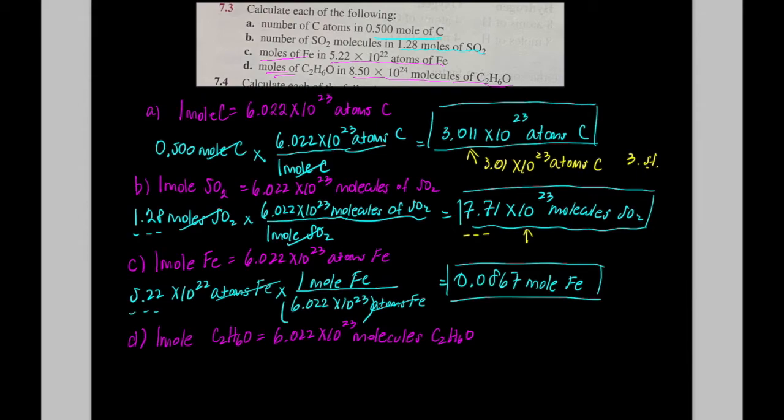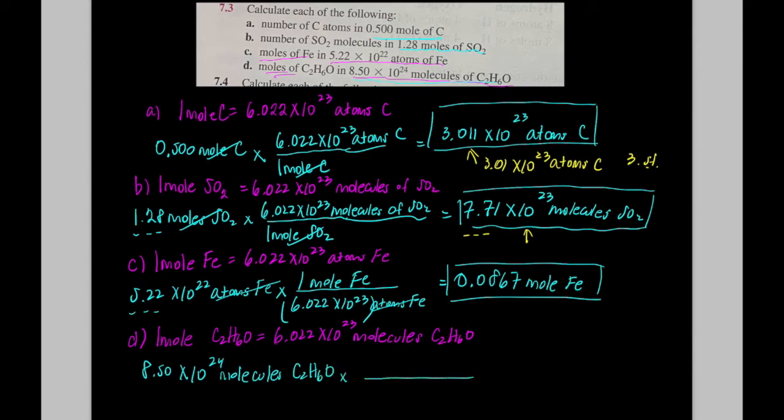All right, so now what we do is we repeat the process. We write down the starting units from the word problem, 8.50 times 10 to the 24, okay? And we want, oops, I'm not using units, so that would be confusing. We have molecules of C2H6O, all right?